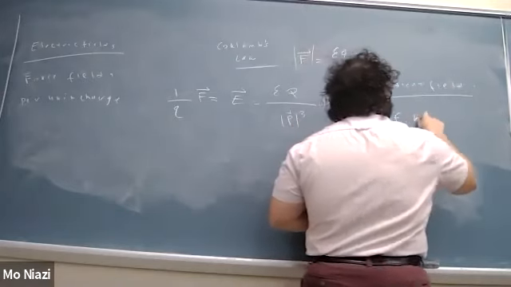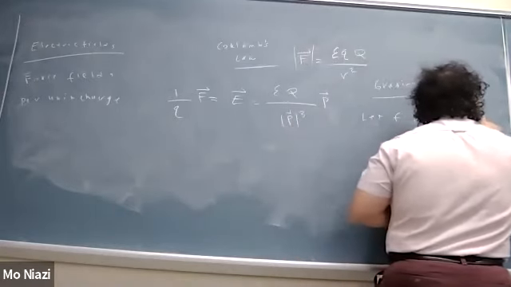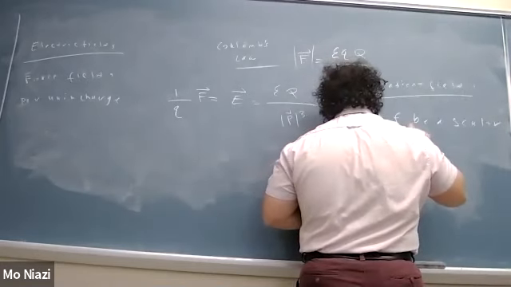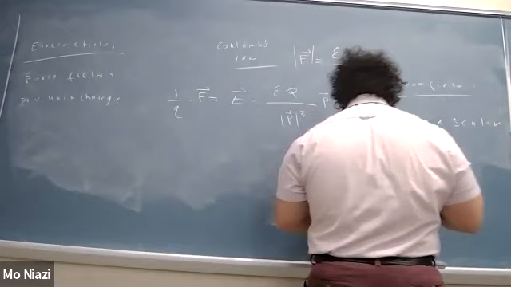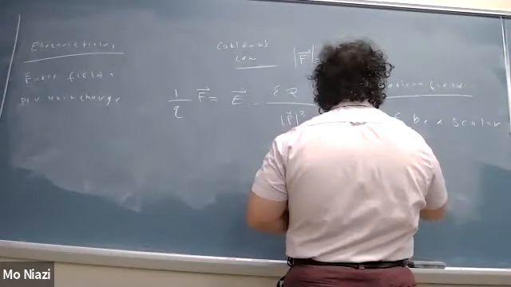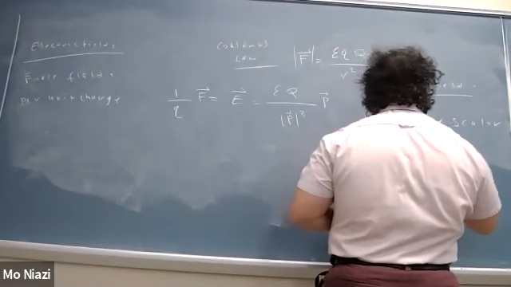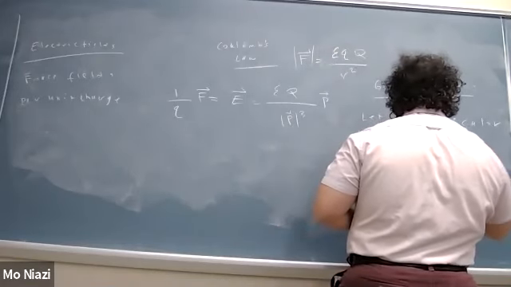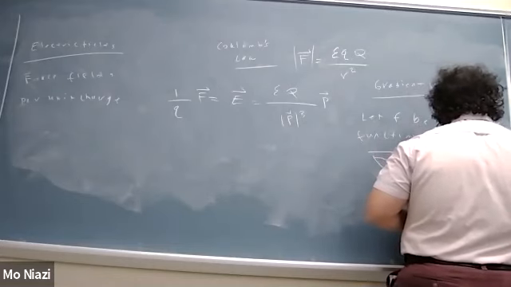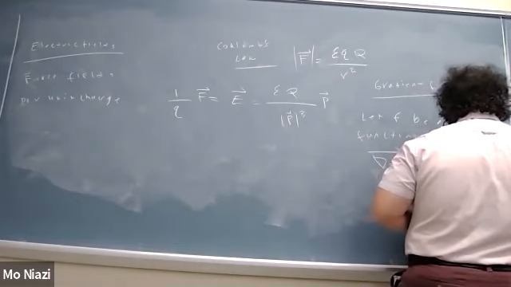Let f be a scalar function. Then the gradient of f, defined to be this, partial f, partial x, partial f, partial y, partial f, partial z.